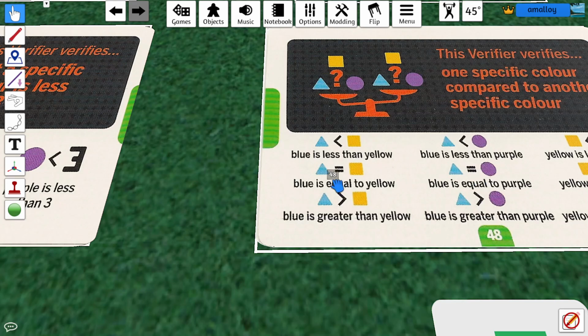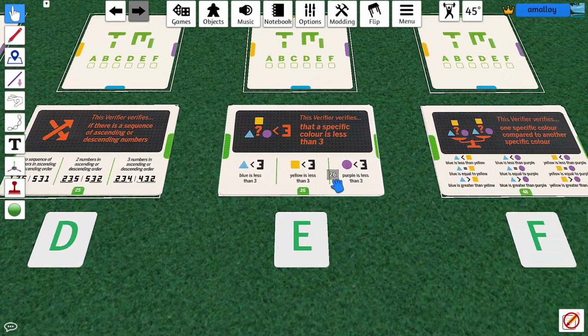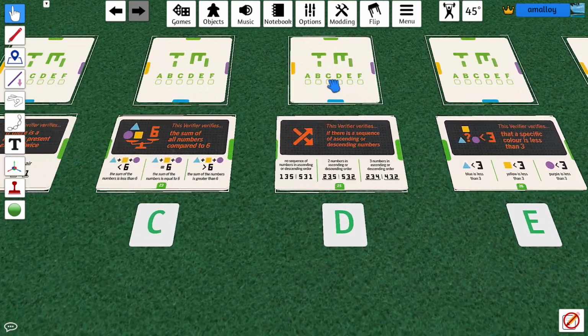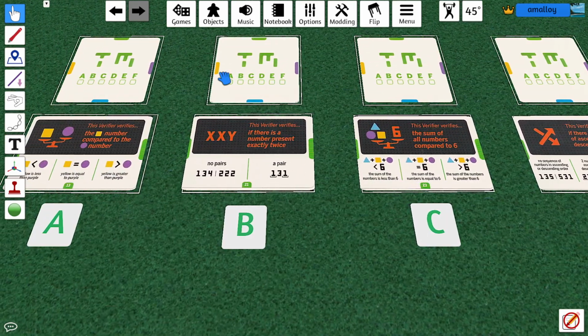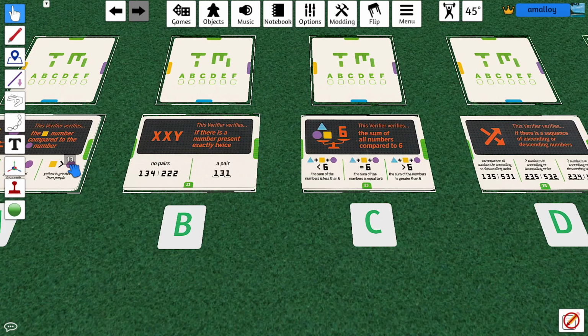And so would blue equal yellow. Because then this card and this card and this card and this card would uniquely... No, hang on.